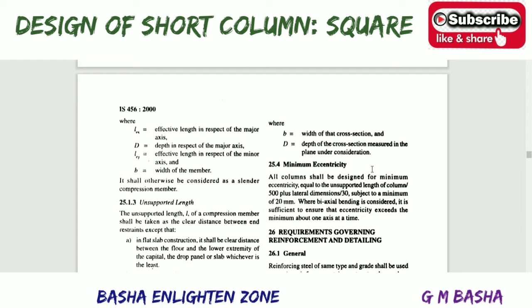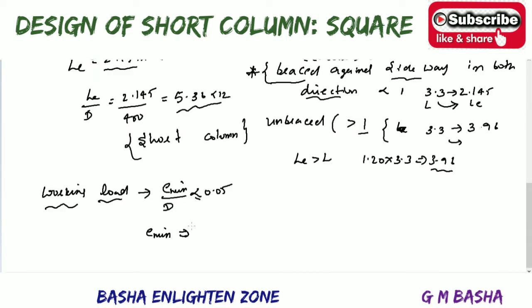So I will write this in the formula: L by 500 plus D by 30, subject to a minimum of 20 mm.